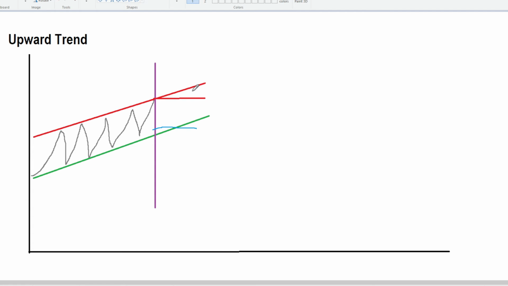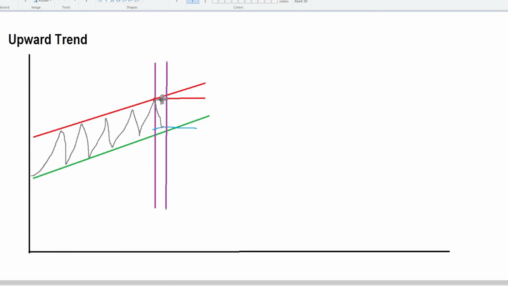But the resistance line is going to be important, because as the stock moves up, let's say in an ideal world that I actually bought the stock at this time in the future. Now I'm in the future, right? We've moved up our timeline. We're now somewhere here.